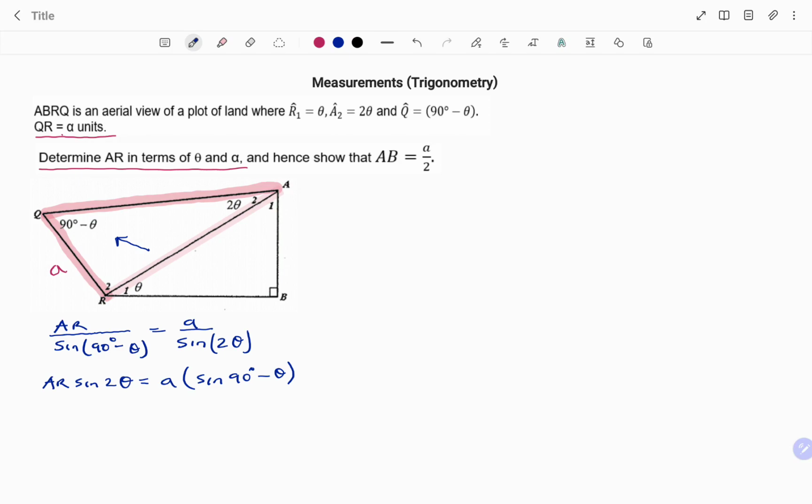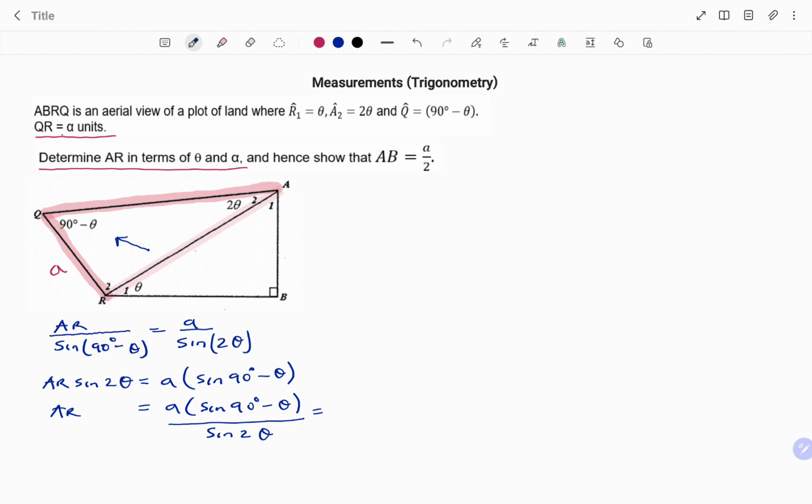Remember, we have to find AR. So therefore, dividing both sides by sine 2 theta, we have AR equals a sine 90 degrees minus theta over sine 2 theta.